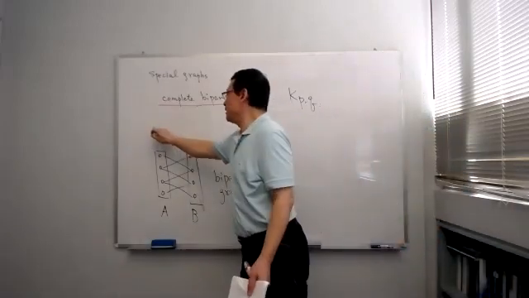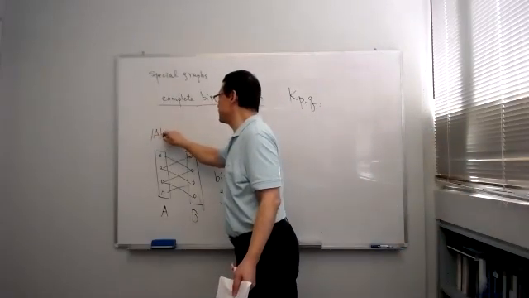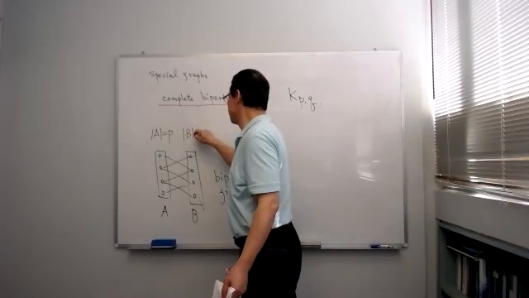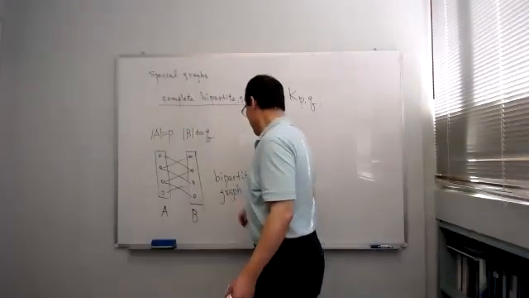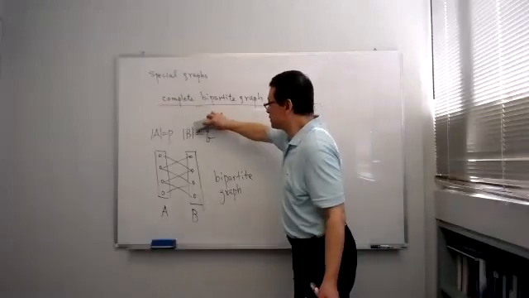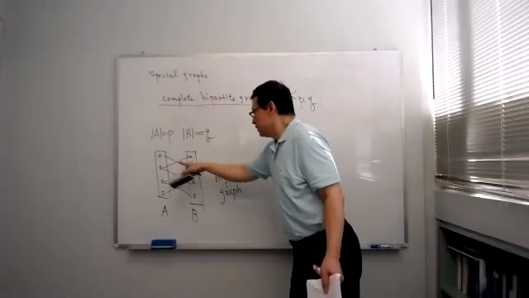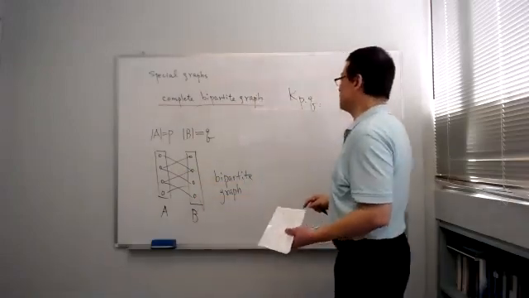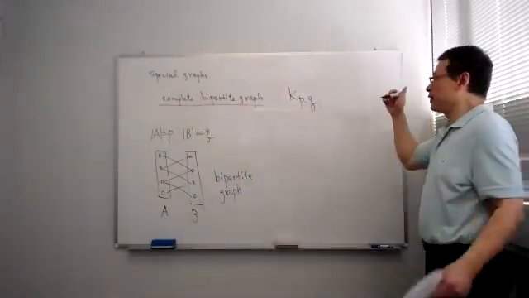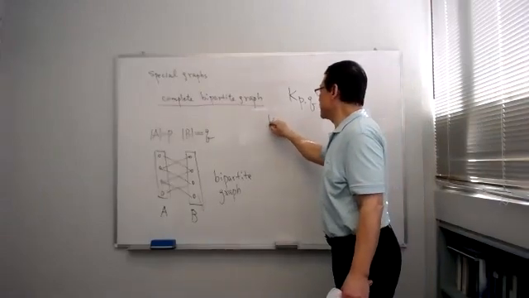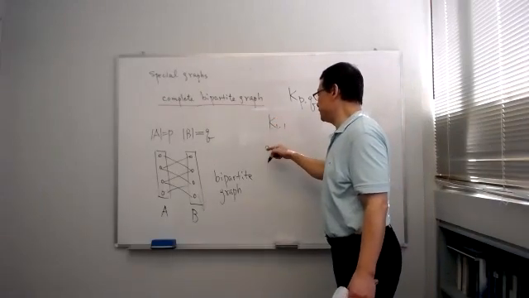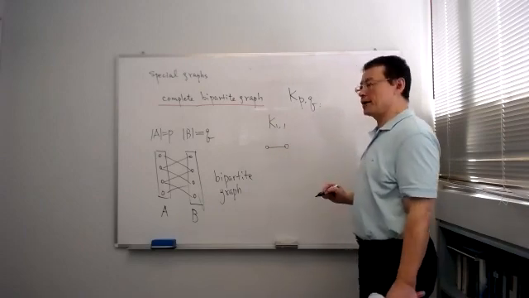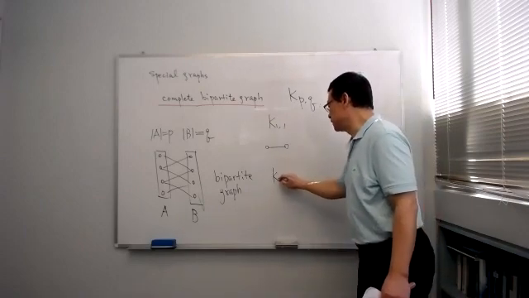One side has P vertices, another side has Q vertices. And we have all possible edges across A and B. So this denotes this kind of graph. So K11 is one vertex on this side, one vertex on this side, with the edge connecting them. So that's the same as K2.